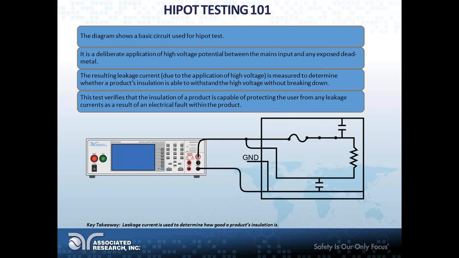Okay, here we are back to slide 7. Once again, this slide is showing us how the Hipot test is performed on a device, and how, as you can see, the two signs for capacitors indicate that any product that's being Hipot tested can be thought of as a giant capacitor, because as you can see, the voltage is applied between the mains circuit of the device and the chassis of the device.